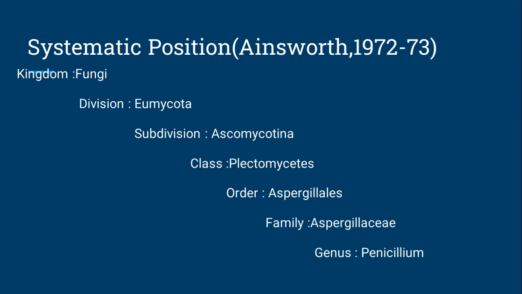Division, Eumycota. What are the characteristic features of Eumycota? Eu means true. The true fungi in which the cell wall is typically chitinized, and the mycelium is mainly multicellular but sometimes unicellular also, and eukaryotic, a true nucleus is present. Subdivision, Ascomycotina. The name of this subdivision is based on the type of ascospores.